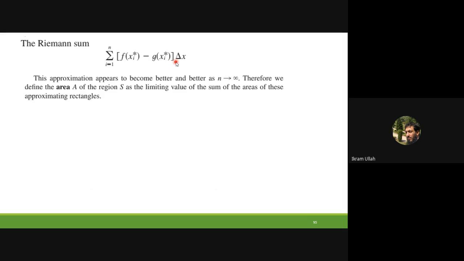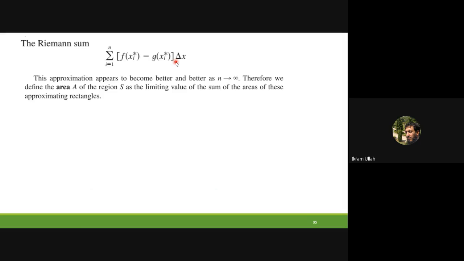This approximation appears to become better and better as n approaches infinity. This means that if we divide this region into an infinite number of steps, then we get a better result and the error will be reduced.